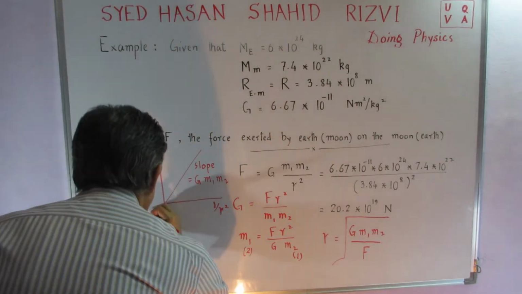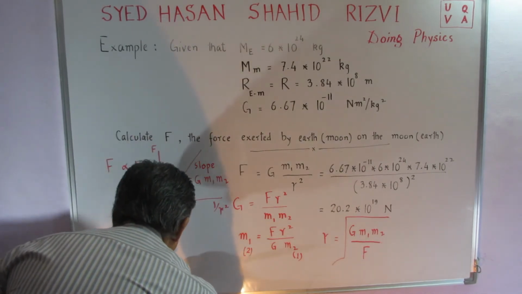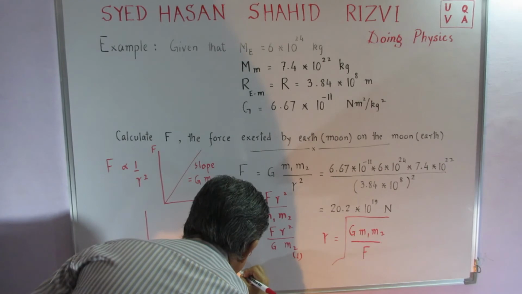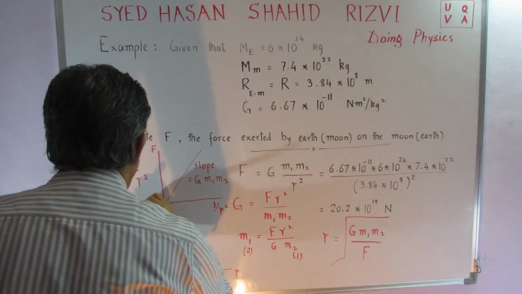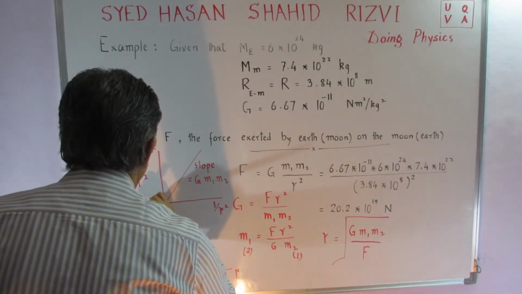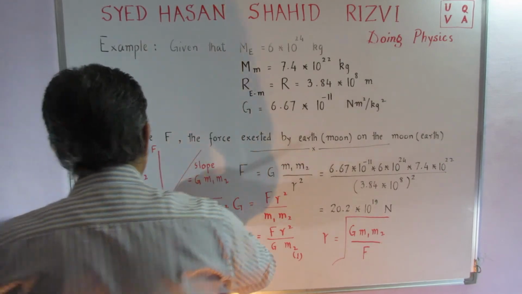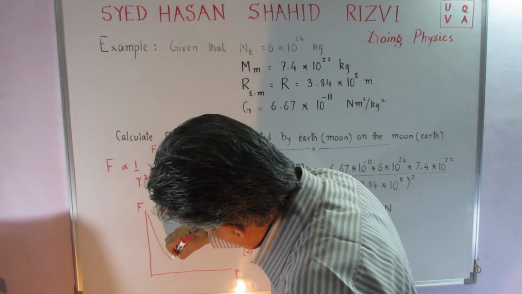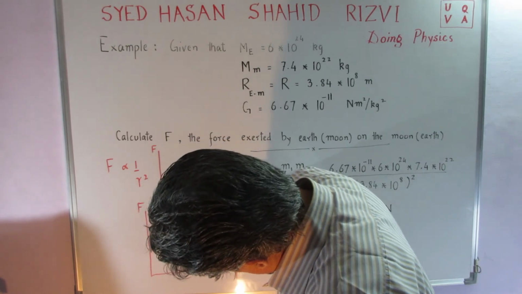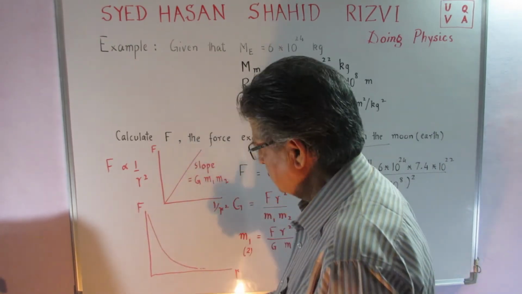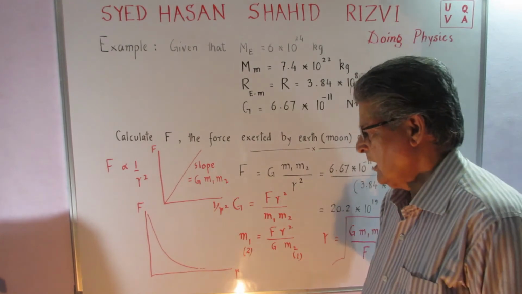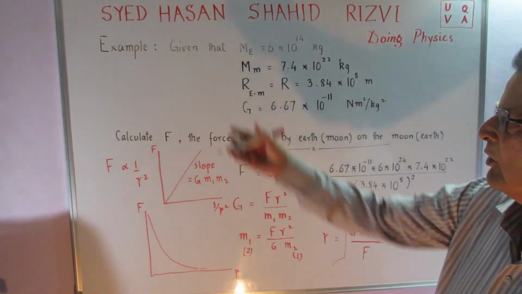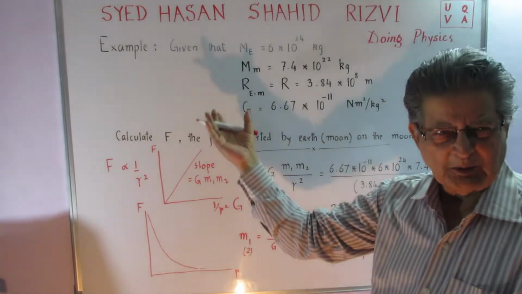But if I take this as r in meters and F in newtons, then the graph will look something like this. It will be a sharp drop to 0, which will approach asymptotically. This is just something I want to tell you.